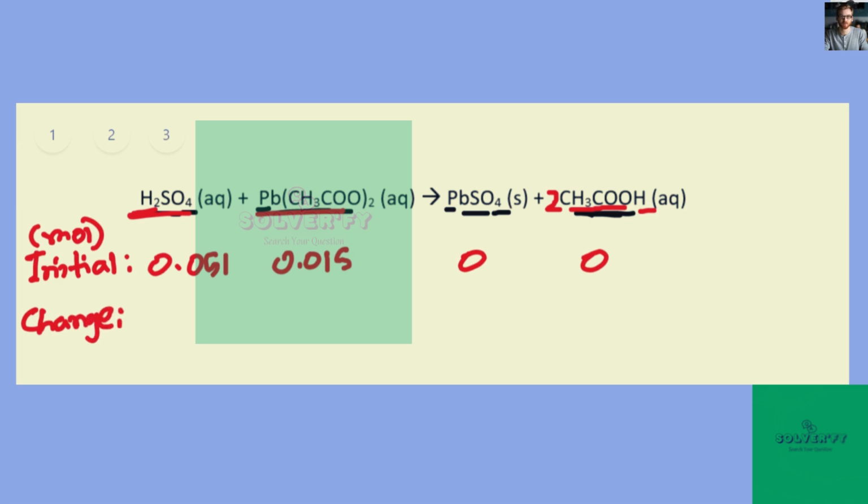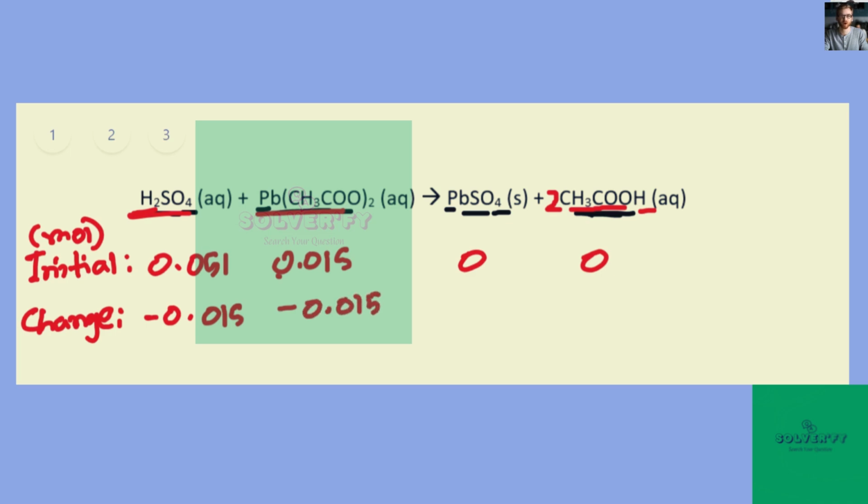So the change will be, since 0.015 mole of lead acetate will react with 0.015 mole of sulfuric acid, minus 0.015 mole for sulfuric acid and minus 0.015 mole for lead acetate.